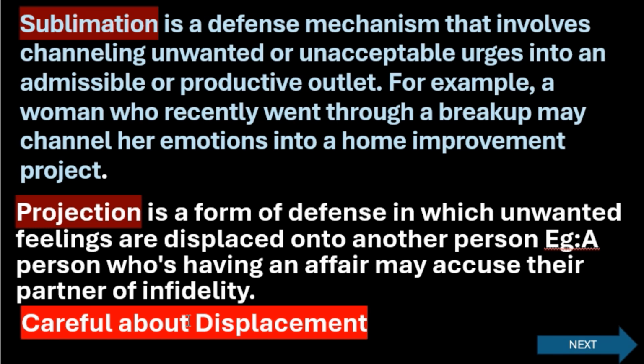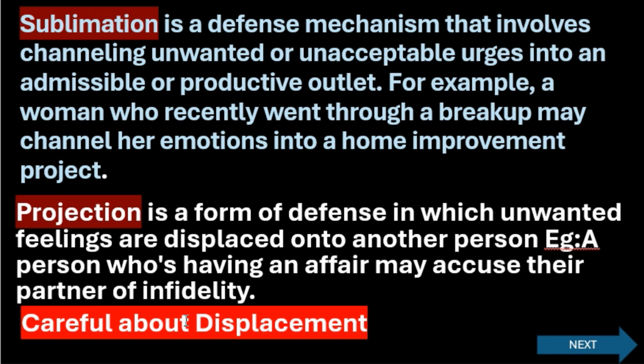You will try to find a less threatening object or person. When you go home, you will unnecessarily scold the children. So this is displacement. But projection is when a person is having an affair or any kind of issue.